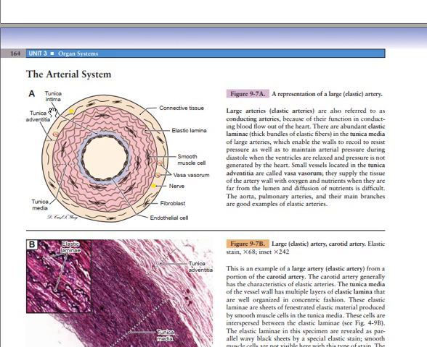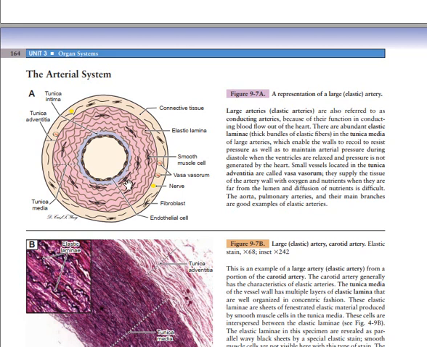Starting with the tunica intima, it has the endothelial layer and then the subendothelial layer, as you can see here. The subendothelial layer is the one in blue. Then you have the tunica media, which consists of many elastic lamellae.